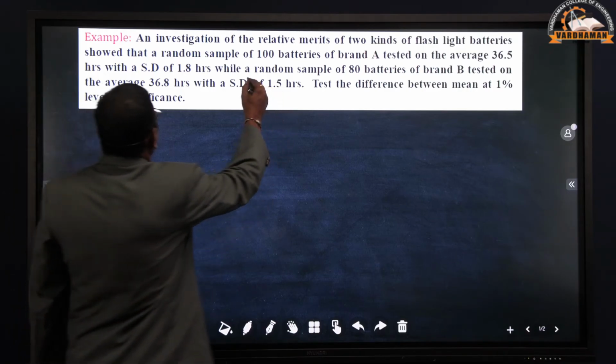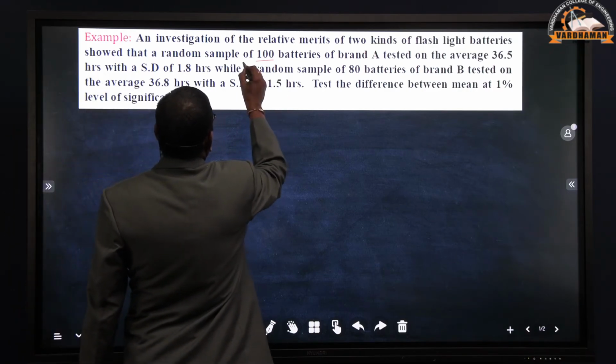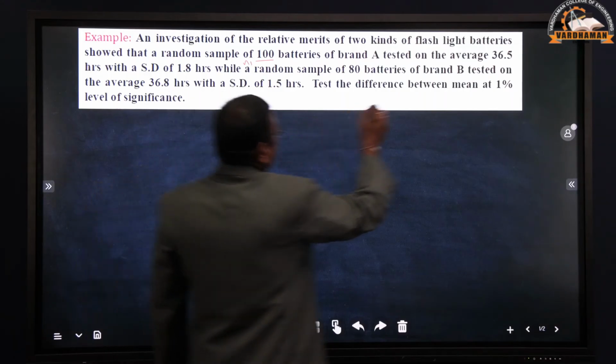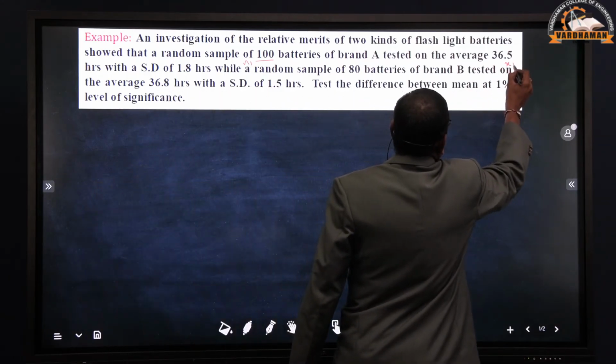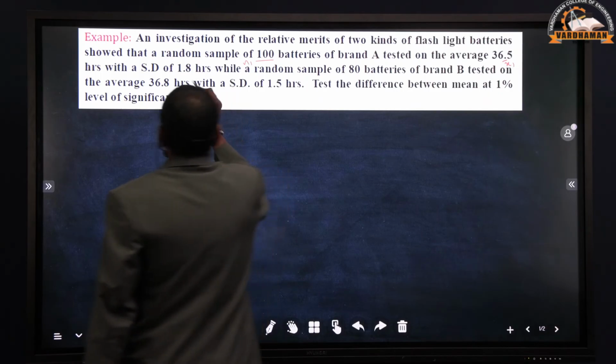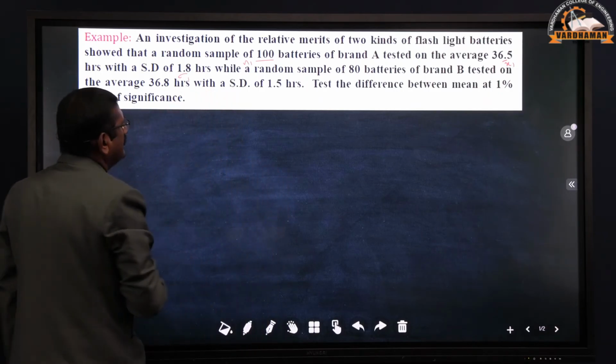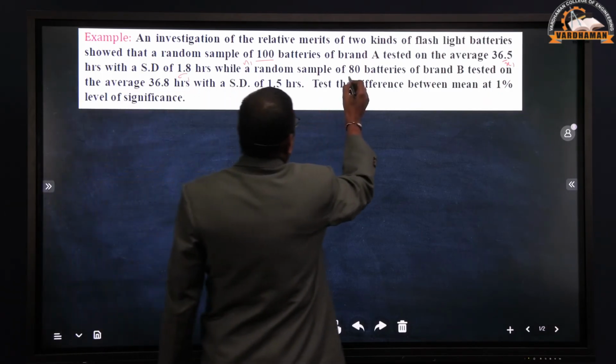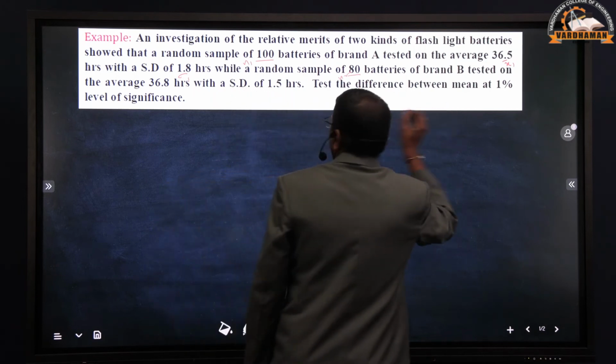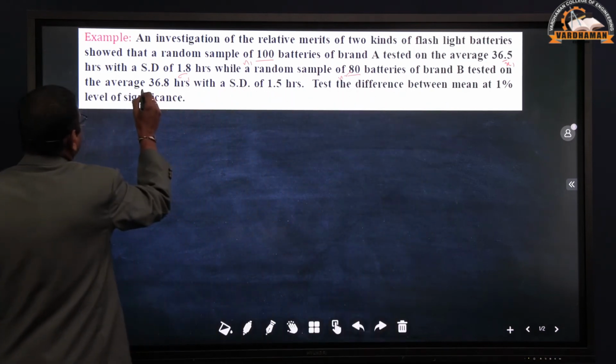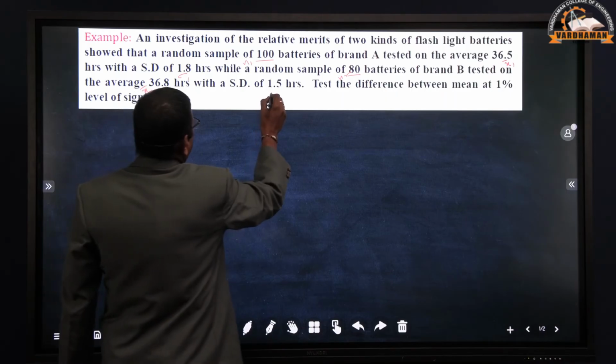If you see this, the random sample, first sample size is n1 and corresponding mean is x1 bar and corresponding standard deviation is sigma 1, and another random sample of 80 batteries, that is n2, and mean we can take as x2 bar and standard deviation is sigma 2.